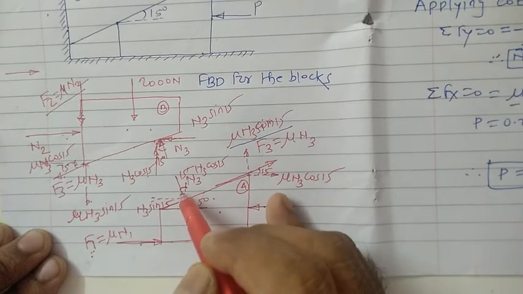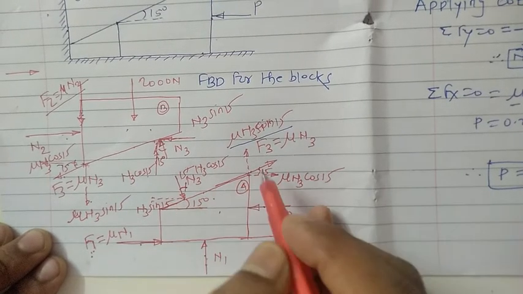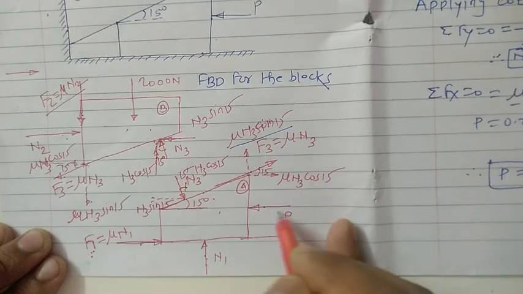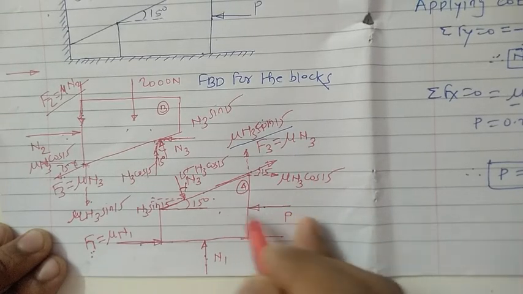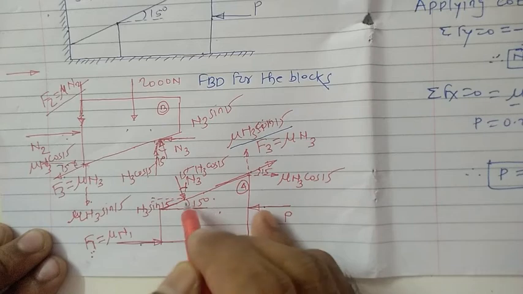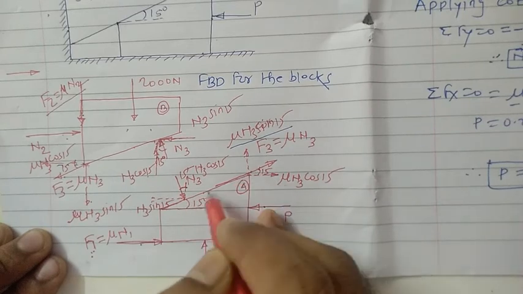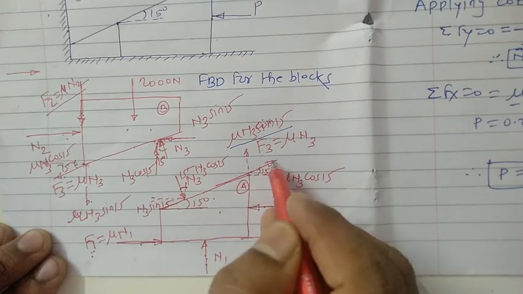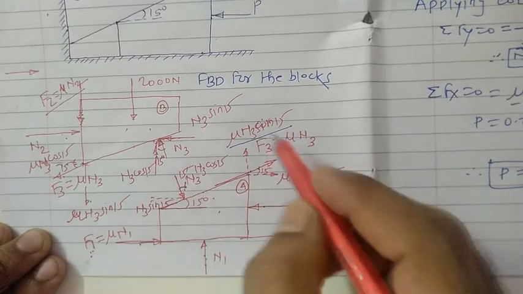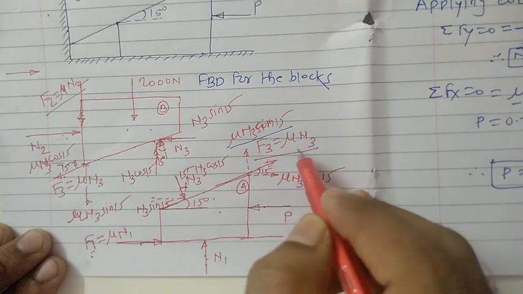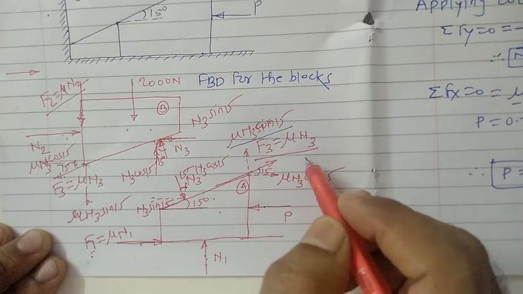Now the tendency of this force to act towards the left side means the frictional force comes in the opposite direction of the motion of the block. The magnitude of this one is F3 equals mu into N3. In this way you can get it here.